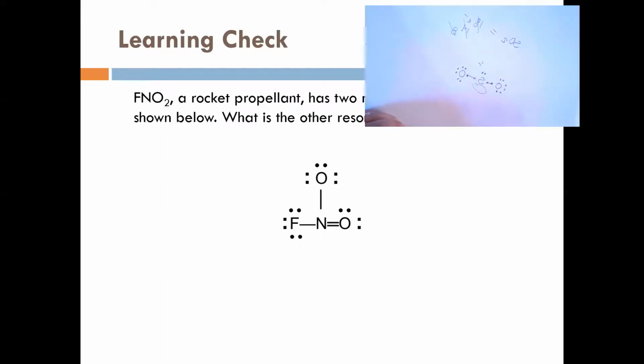What we have to do is we have to borrow another pair of electrons. We can either take it from this oxygen, or we could take it from that oxygen. And that's what it means to be a resonance structure.